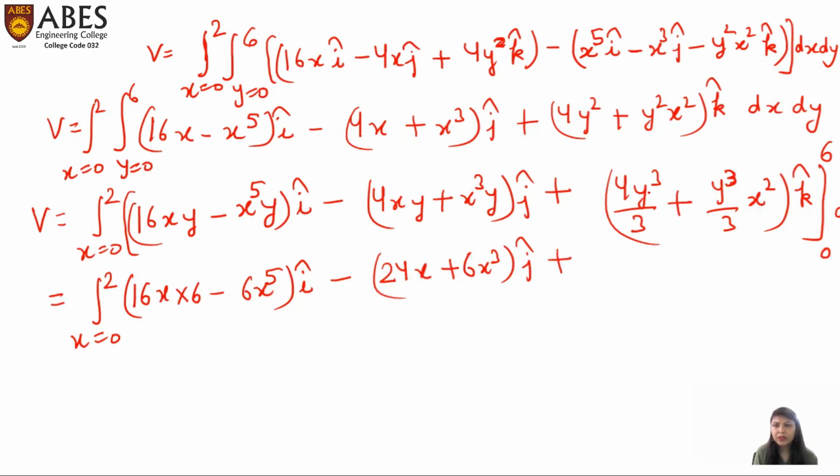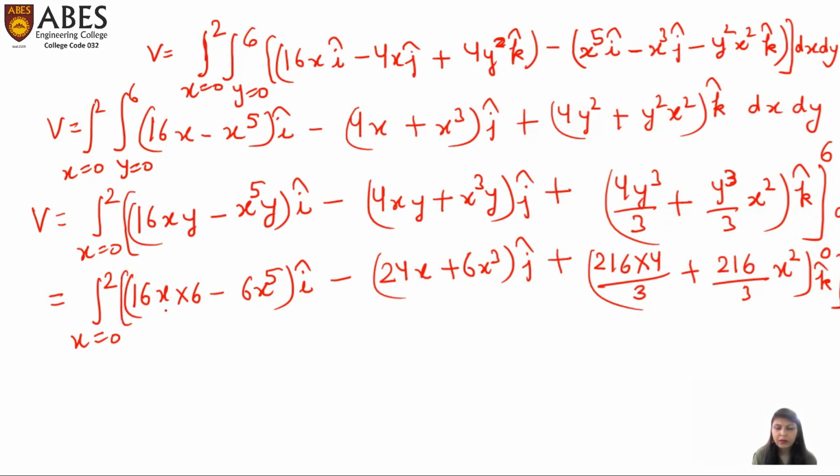This will give 6 cube, which is 216, into 4 upon 3, again 216 upon 3 into x square into k cap.